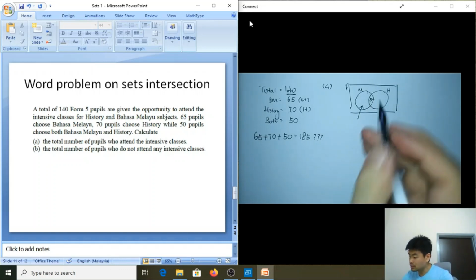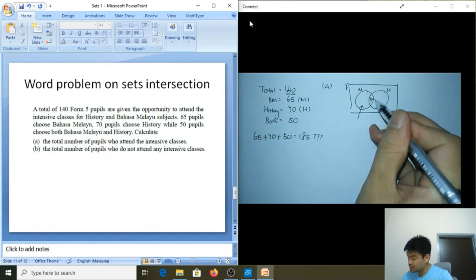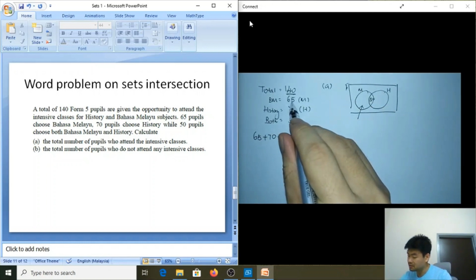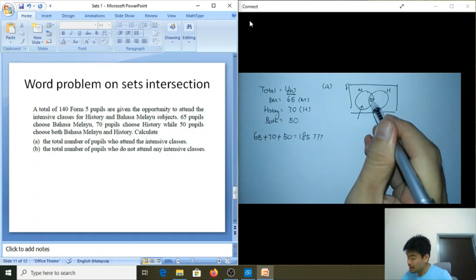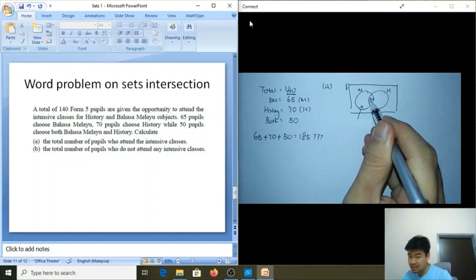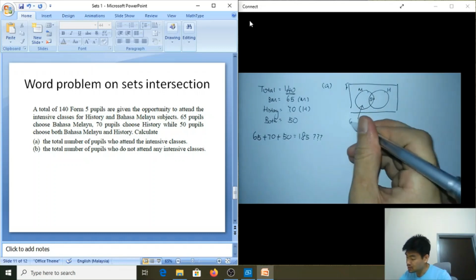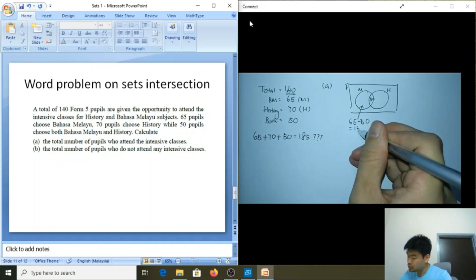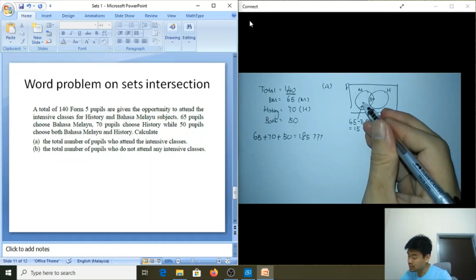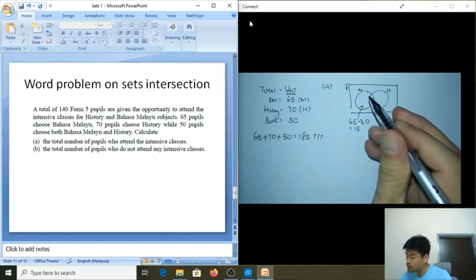Now I know that this set here is 65. There are 65 students attending BM classes. Among the 65, 50 attend history. So this part here should be 65 minus 50, which is 15 students. So there are 15 students attending BM class only.